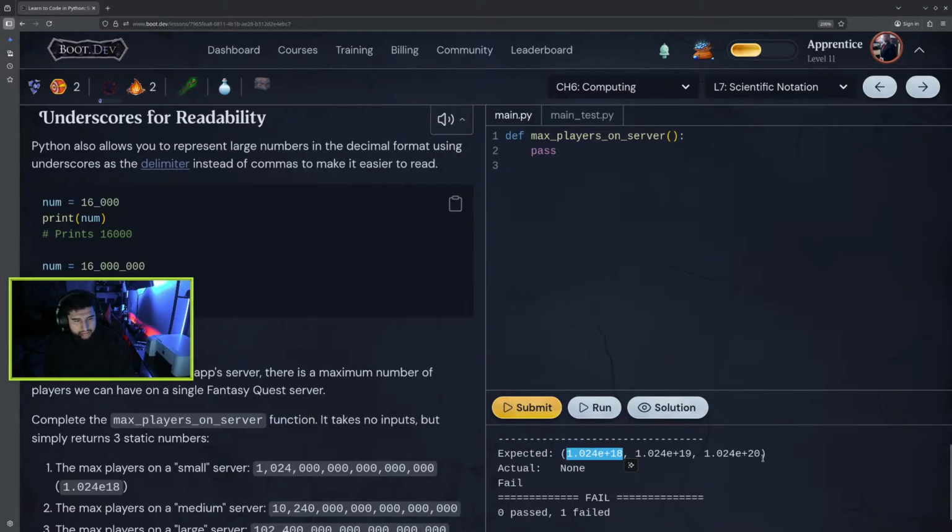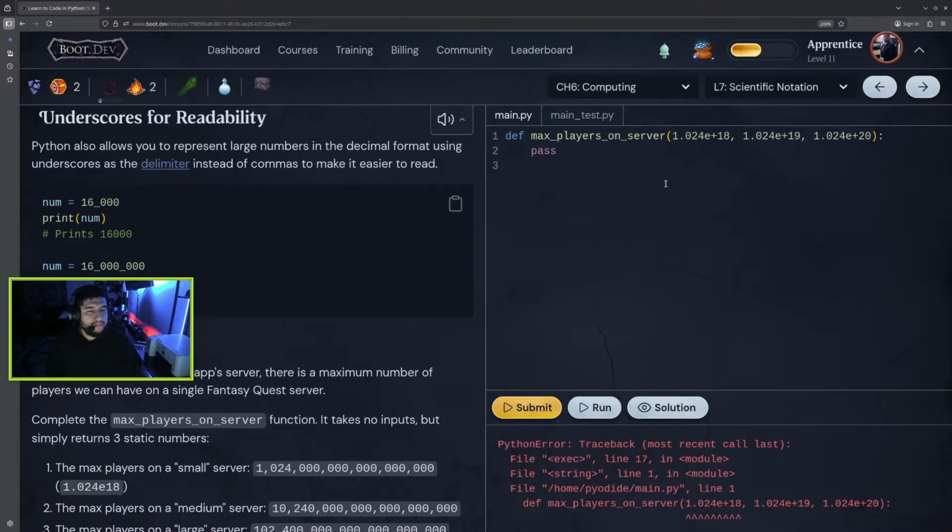E plus 20? What? Do I just add this here? What does that do?